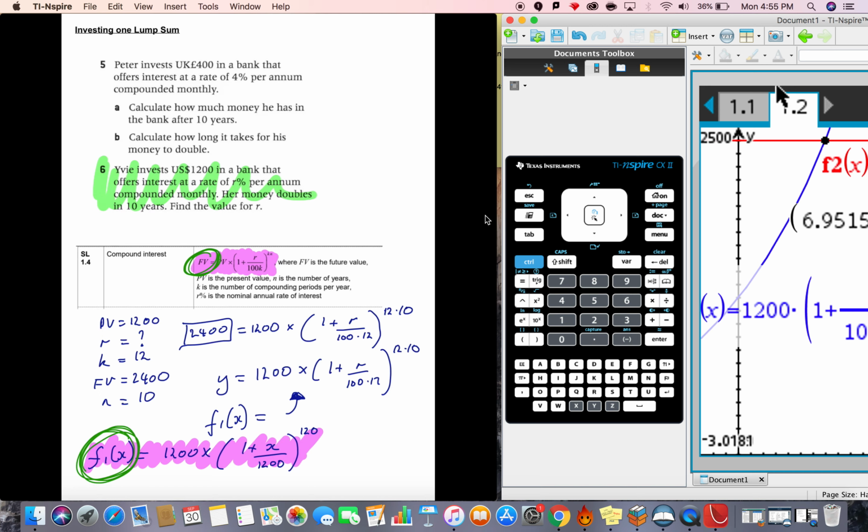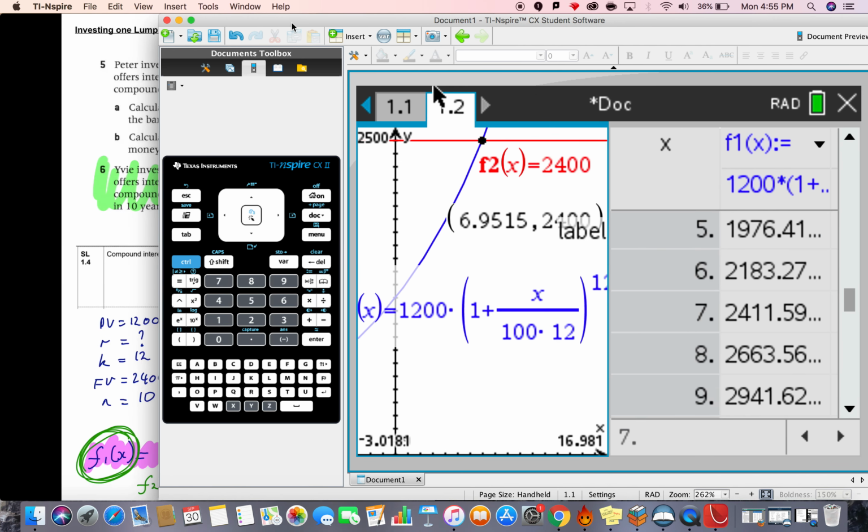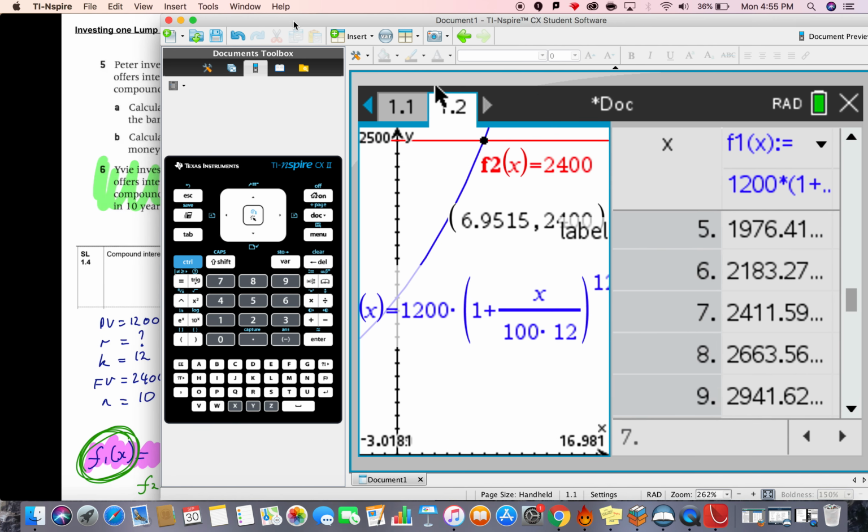We want to know when the graph has a final value of 2,400. So we plot f2 of x equal to 2,400 and find where graph 1 intersects with graph 2. We have to change the scaling on the graph to find that particular point. But if you do Control T, you get that nice table of values, which really helps you zoom in on what the correct value might be.